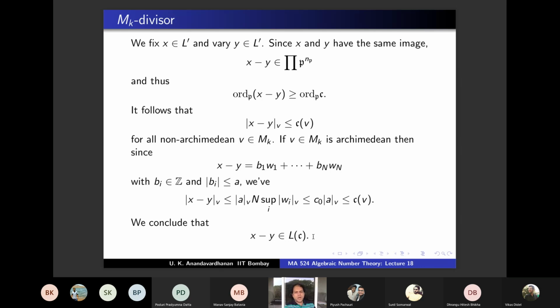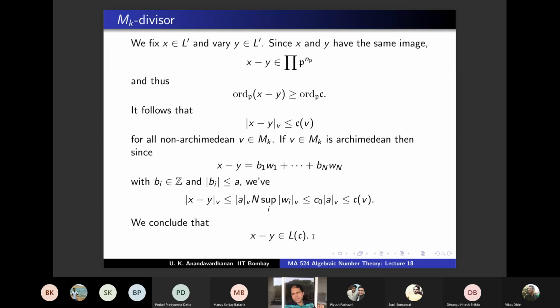So what can you say about the cardinality of LC? What you have shown is that if you fix an X and as Y varies in L prime, all the X minus Y belong to LC. Therefore, LC contains at least cardinality of L prime many elements. Agree?